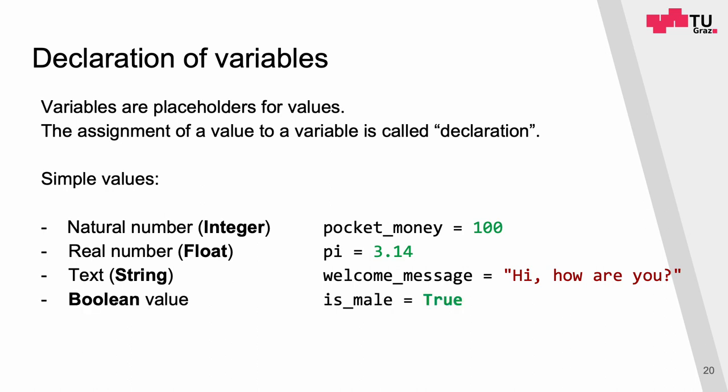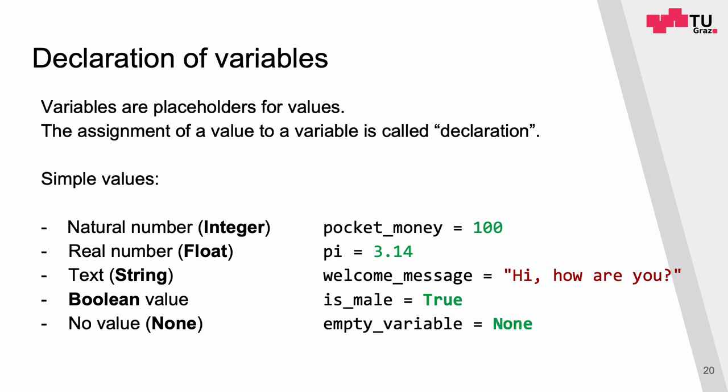Or we can also declare a Boolean value, for example, using the variable name is_main equals True. And with this line of code, we have stored a Boolean value, which can be either True or False, in a variable which is called is_main.